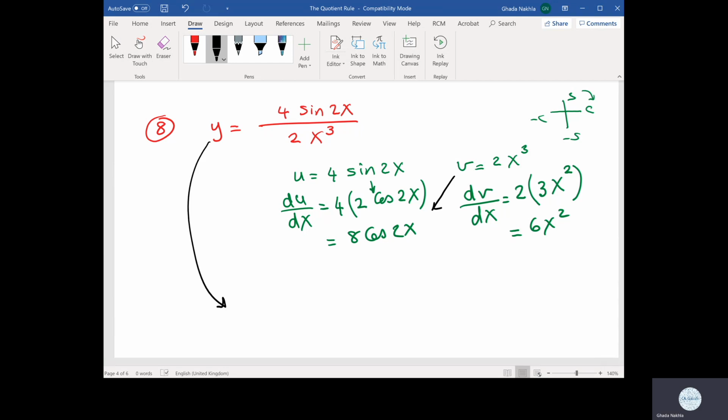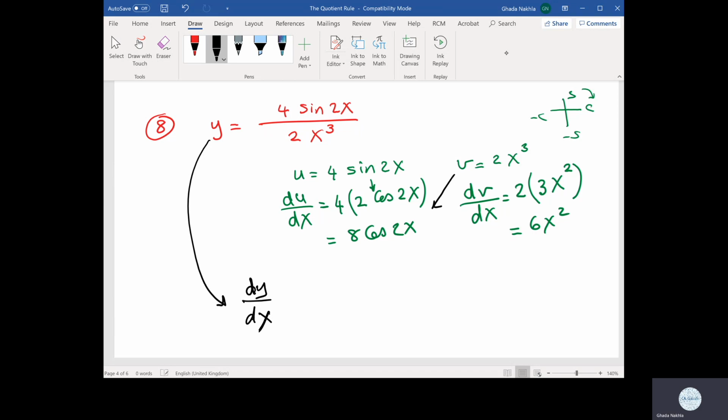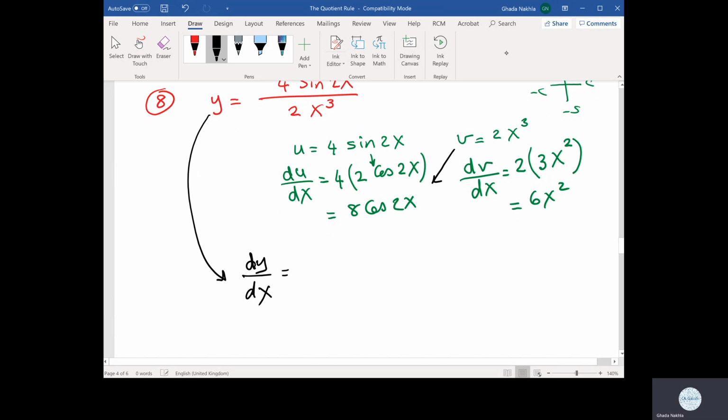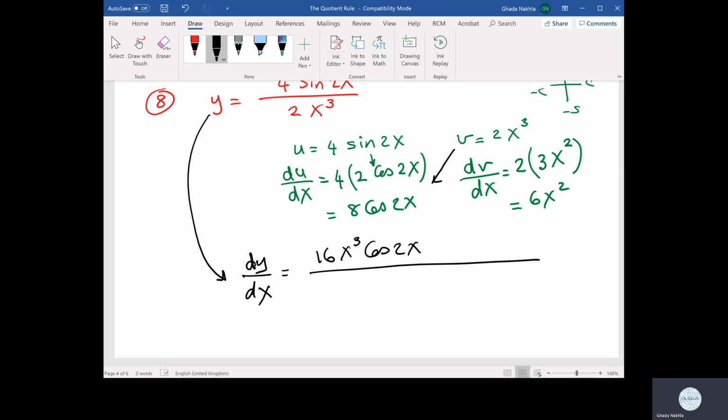So you will go dy by dx equals v times du by dx. So 2 times 8 is 16 x cubed cos 2x minus u times dv by dx.